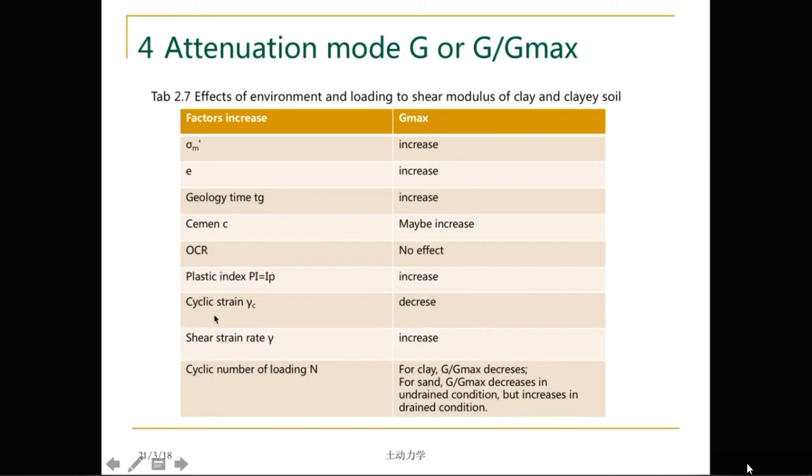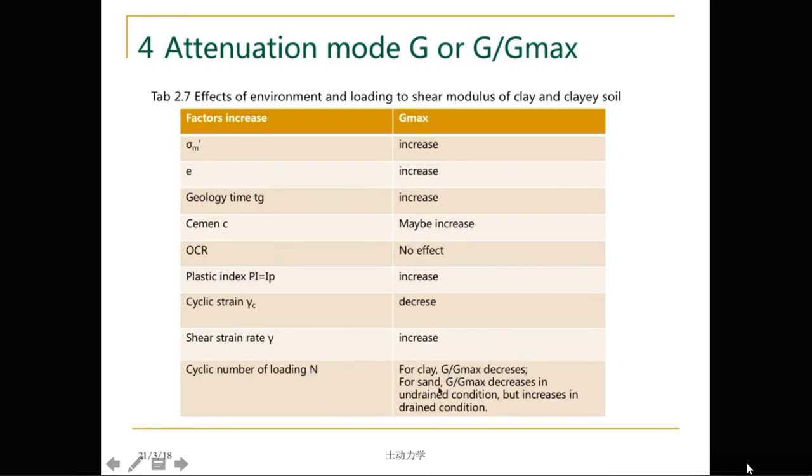And cyclic strain gamma c, if this value increases, it will cause Gmax to decrease. If the shear strain rate increases, it will cause Gmax to increase. And as the cyclic number of loading N increases, for clay, this ratio decreases.